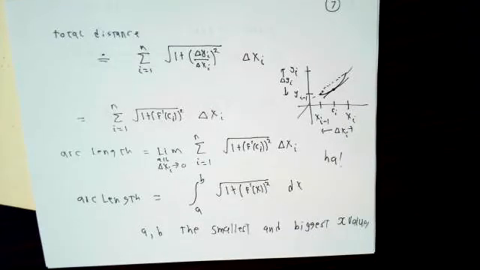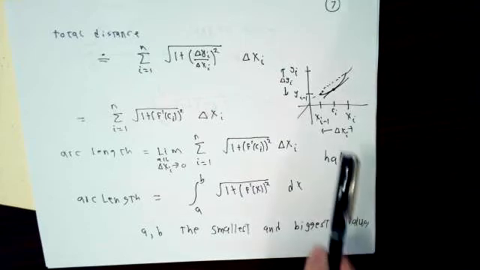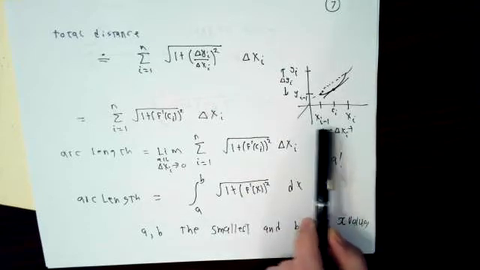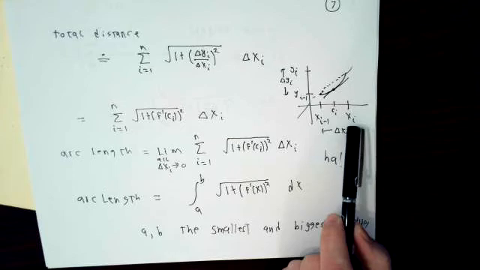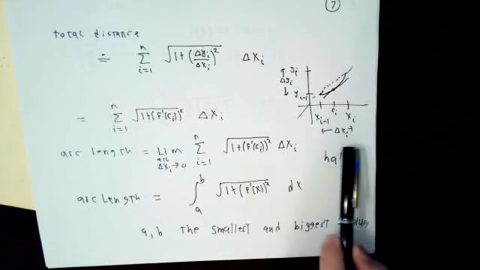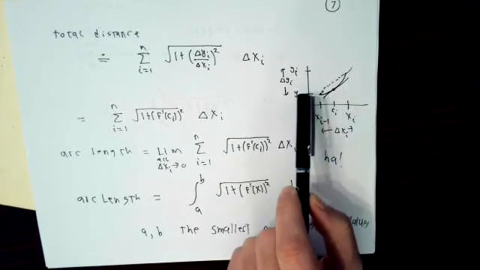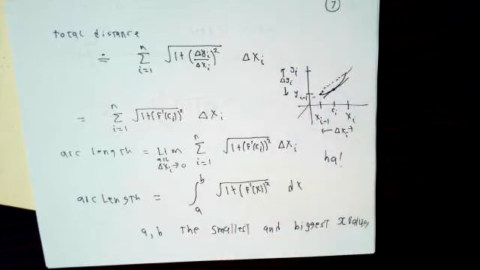So if I add up all of these approximate distances, I get this sum. If you remember from Calculus 1, if I look on subinterval number i, which starts at x_(i-1) and ends at x_i, that'll be delta x number i. It has y coordinates y_(i-1) and y_i. I'll call the vertical displacement delta y number i as I did before.